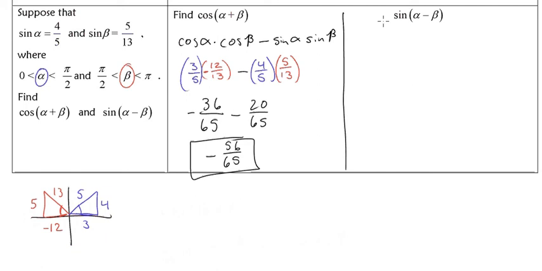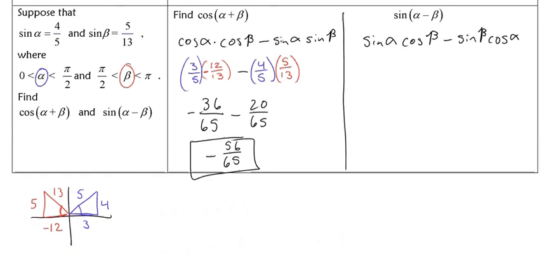Okay, so I hope that you've done that. And we've got, well, sine of alpha minus beta is going to be sine of alpha times cosine of beta minus, because when it's sine out front, it's the same operation, so subtraction here, sine of beta times cosine of alpha.